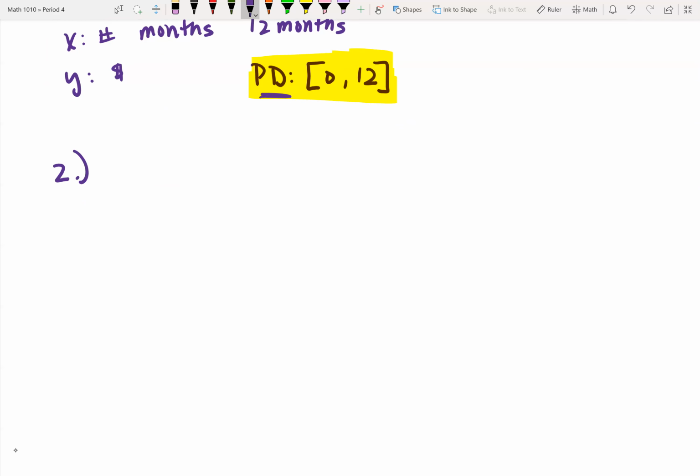Okay, question number 2. Write a verbal statement that describes how the amount of reimbursement is determined. Okay, so you have a job 50 miles from your office, you're reimbursed 51 cents per mile.